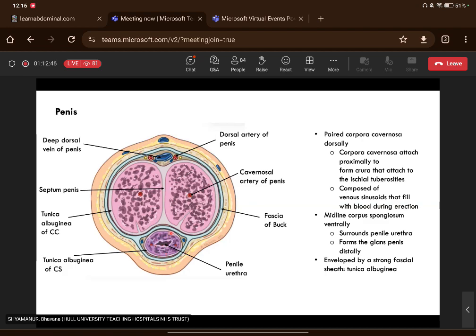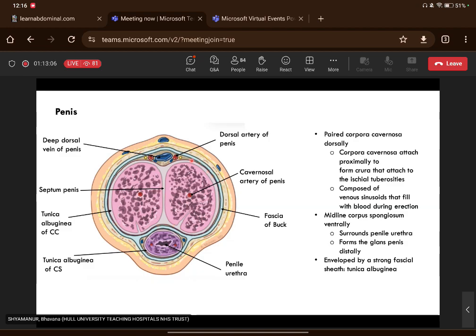Each of these structures is covered by a fibrous sheath called the tunica albuginea. You've heard this term before with the testes as well. So tunica albuginea covers the corpus spongiosum, and then you have a separate tunica albuginea of the corpus cavernosum as well.